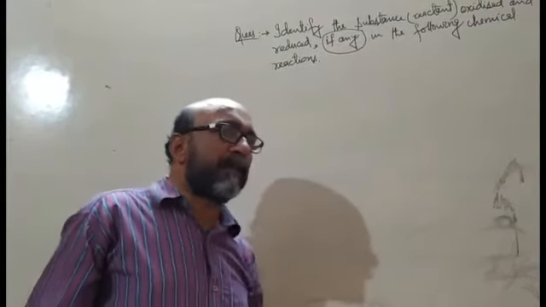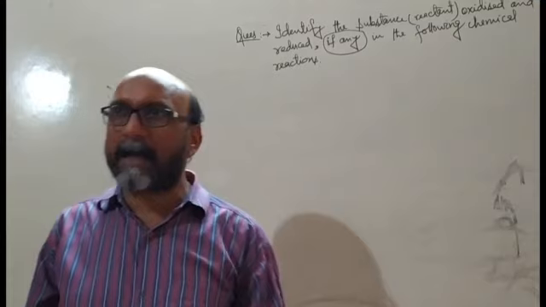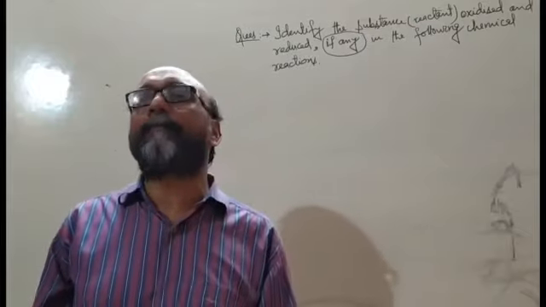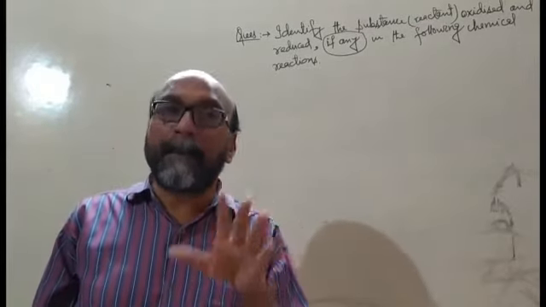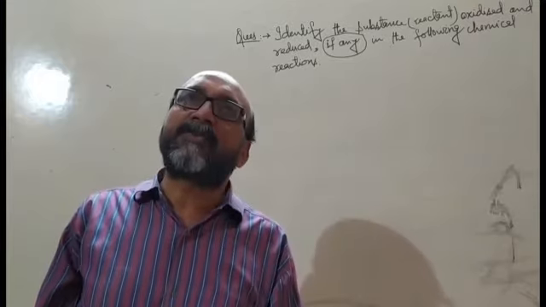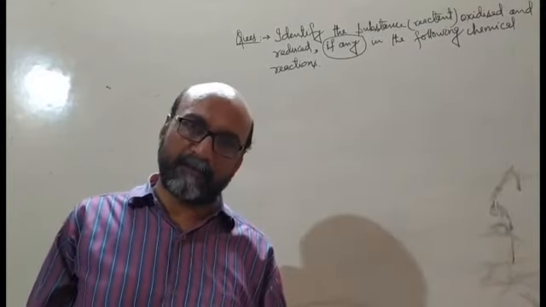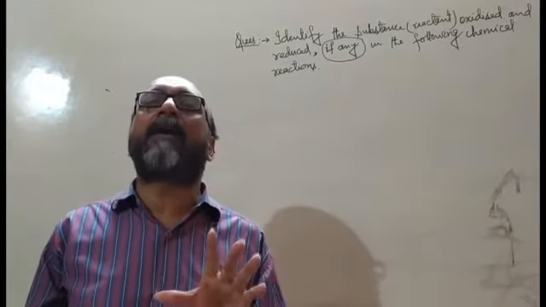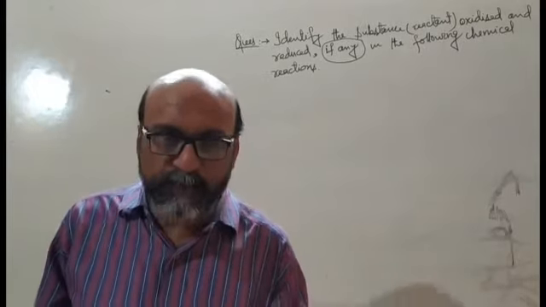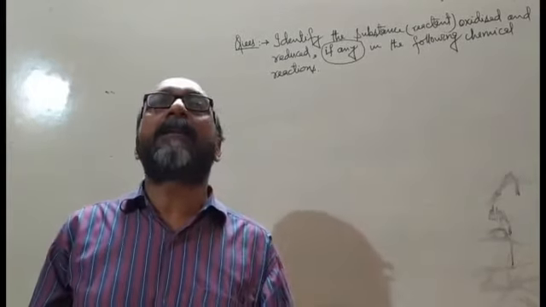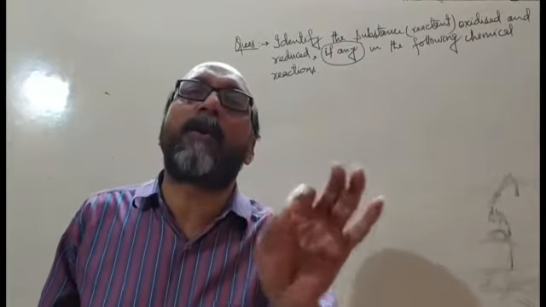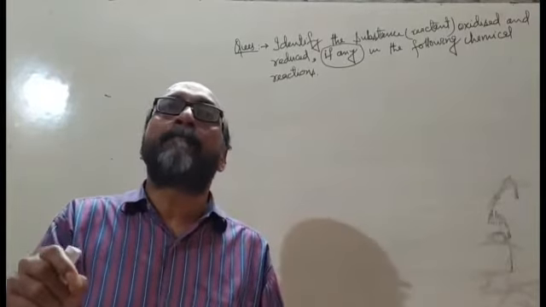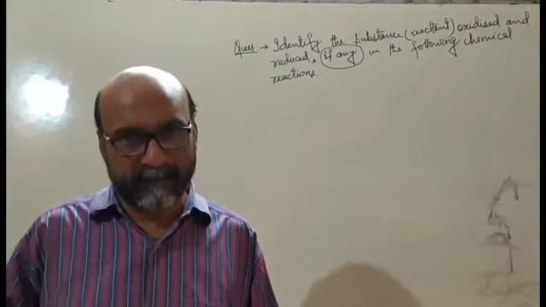So in the list of the reactions, you will have some reactions which are redox reactions and some reactions may be in the given list which are non-redox reactions. In a redox reaction, we shall identify the substance oxidized and reduced, and if in the given list any of the reactions is a non-redox reaction, we shall simply mention non-redox reaction.